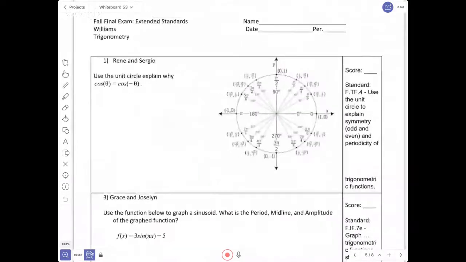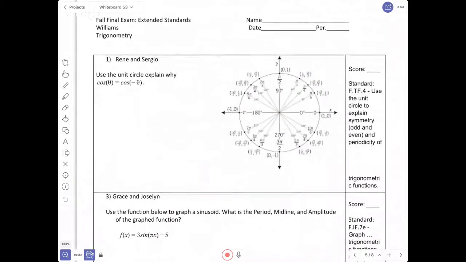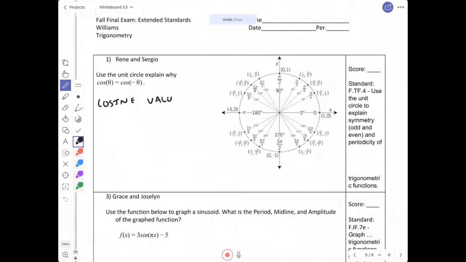Here we have Renee and Sergio's problem. Use the unit circle to explain why cosine of theta equals cosine of negative theta. So, cosine values on the unit circle are the x values.